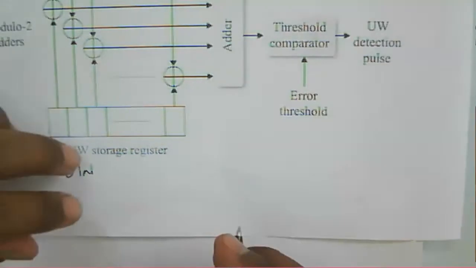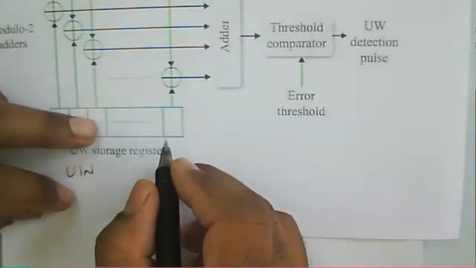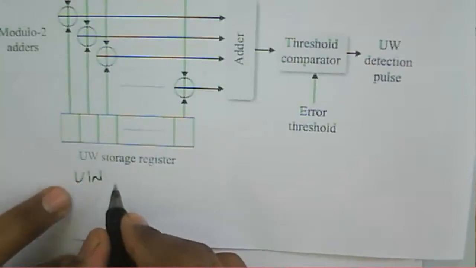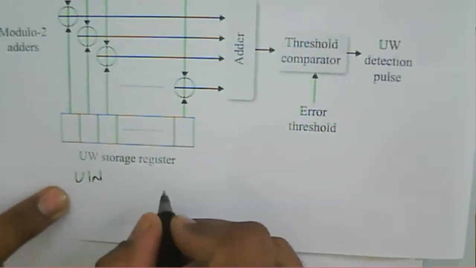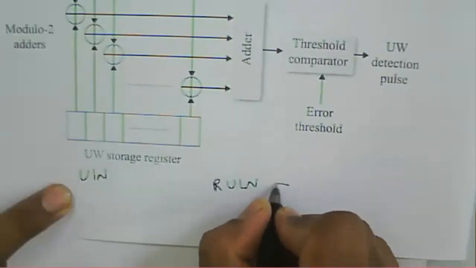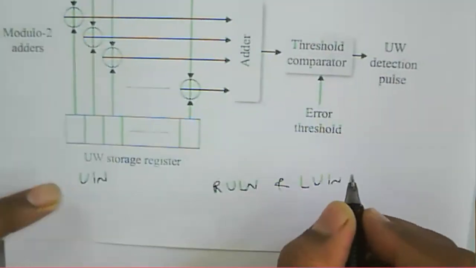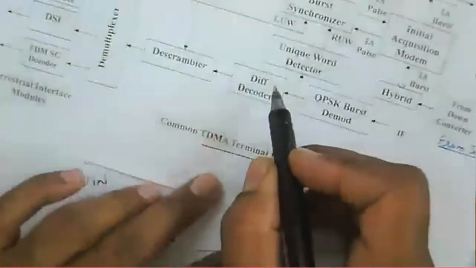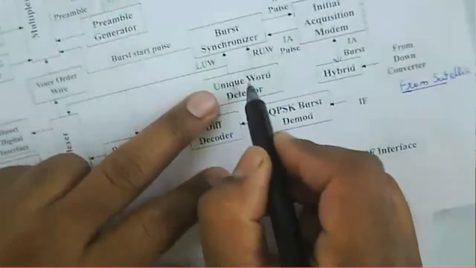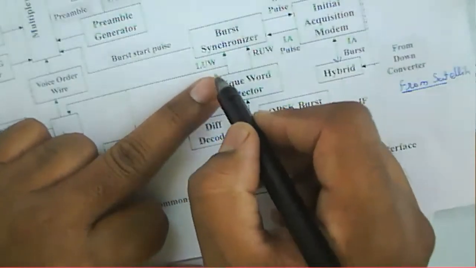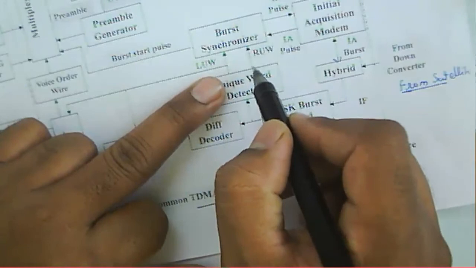Okay, in this way, the two detectors are used for detecting. One is for the RUW, and another is for the LUW, the local unique word. These two detectors will generate the LUW and the RUW there.